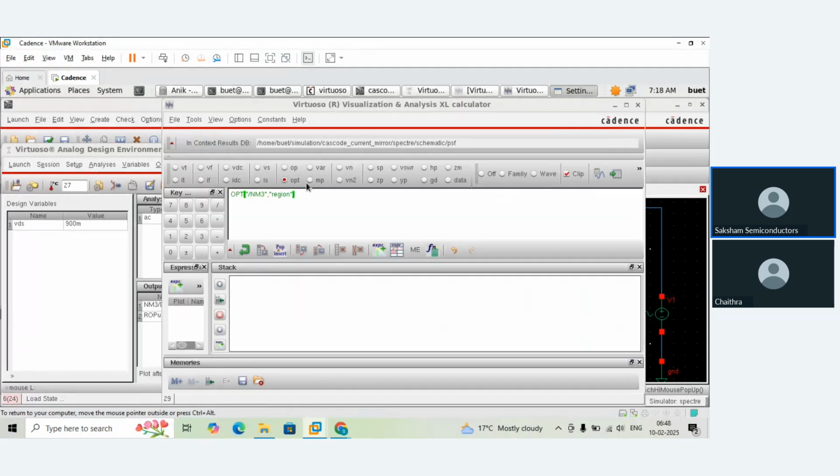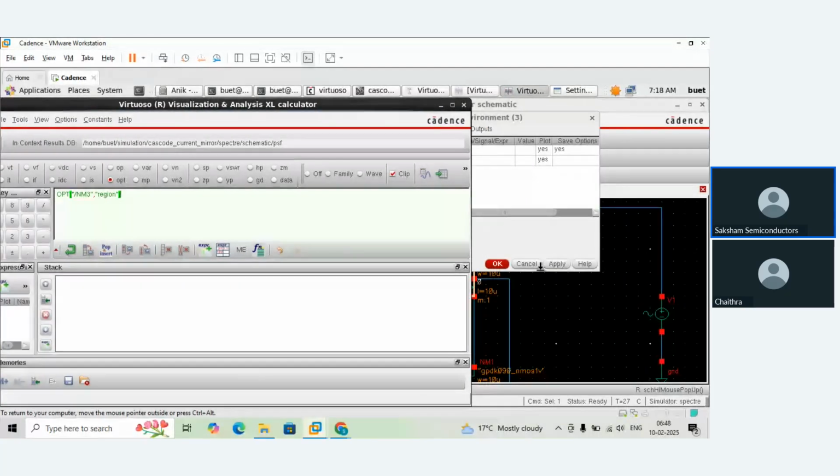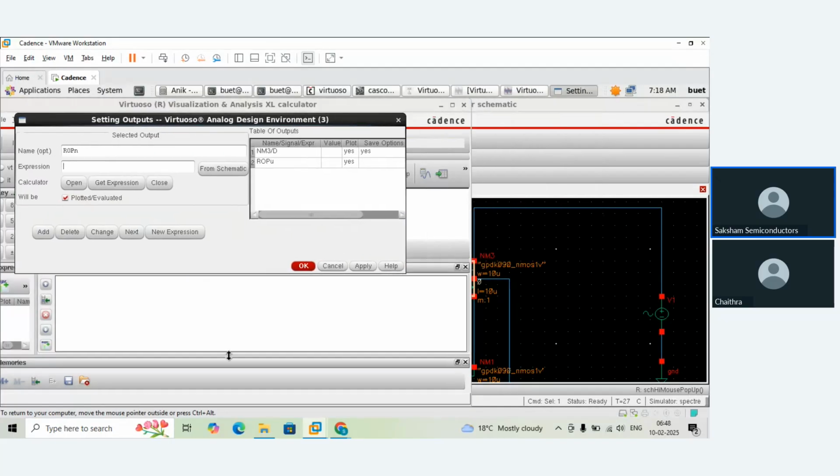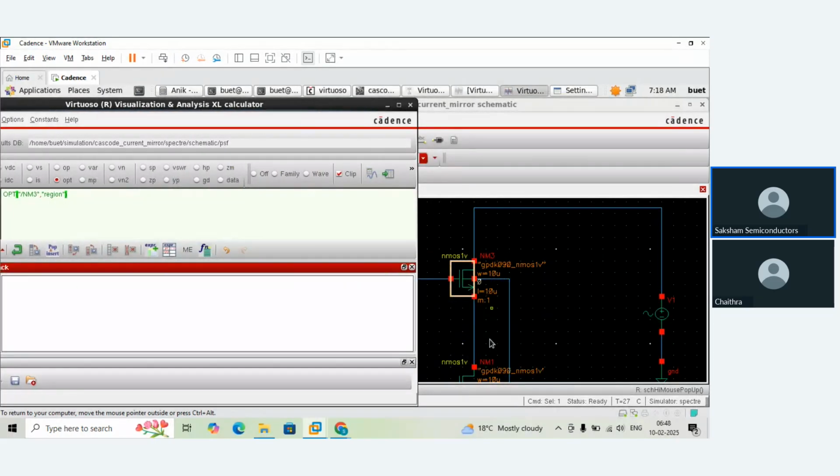I'll open the calculator once again. I have the expression here. Let us see what MOSFET we want. I have the region of operation for my upper MOSFET as NM3, and for my lower MOSFET, it is NM1.